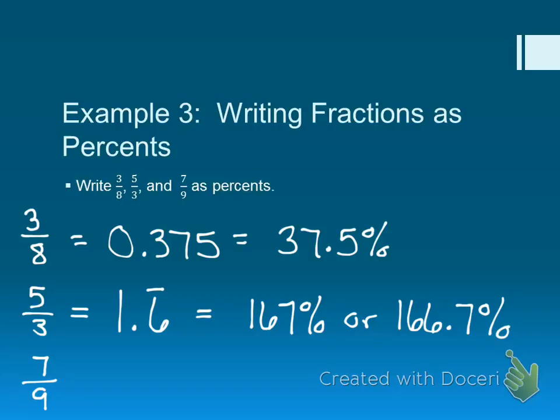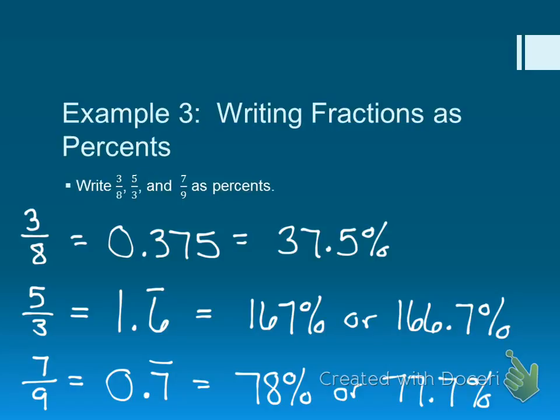Now what about 7/9? 0.7 repeating. So that's going to be what percentage? 78%, or you could have said 77.7%. Okay, so just round to the nearest whole.